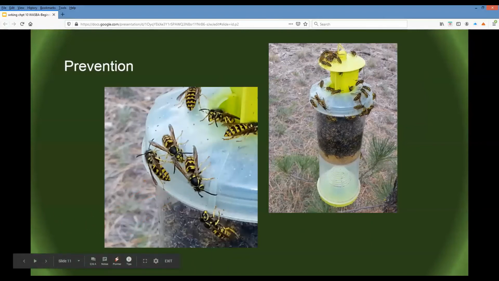So there were some previous recommendations for bait, but the newest research is to use the active ingredient fipronil. Fipronil is in ant bait, and it's the ingredient in the tick medication, the tick repellent that you put on dogs and cats.